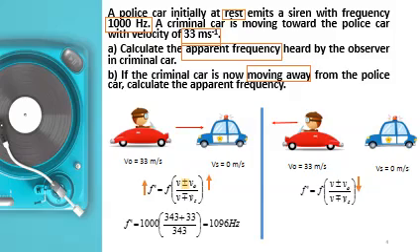What do you think the observer will hear while moving away? Of course, he will hear a lower frequency. So to get a lower frequency, the v naught must be negative. Substitute the values that you have, therefore your frequency is 904 Hz, which is lesser than 1000 Hz.